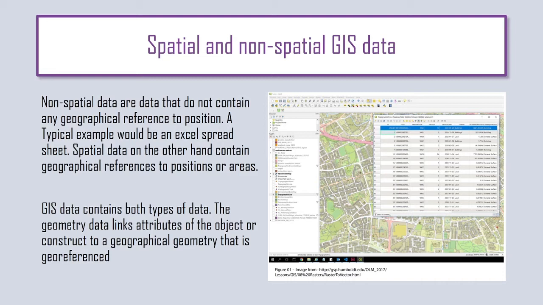So a line, for example, a road might have a direction, the classification of a road in terms of whether it's a highway or just a street, and for example might have a speed limit. Those things are not necessarily spatial, but they're attached to a spatial object in a GIS system. And when we get into the QGIS tutorial, this will become clearer.